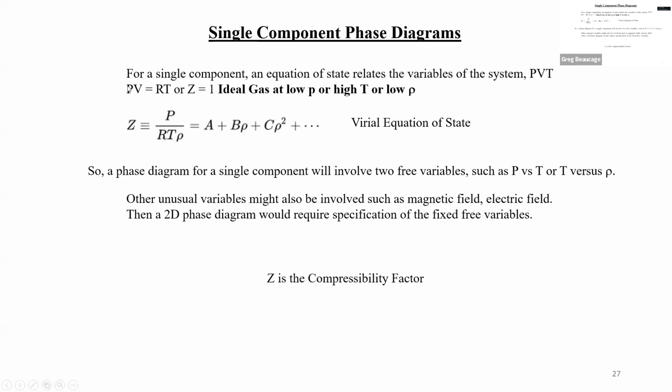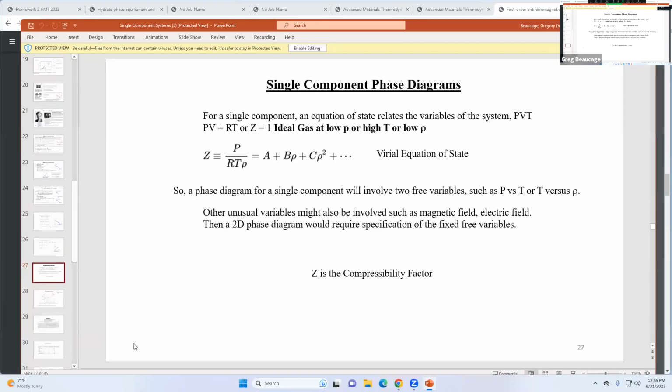So you have PV equals RT, that ideal gas law. If you take PV divided by RT, it defines this compressibility factor Z. So Z equals 1 is the ideal gas. So in the homework, it's going to use this compressibility factor.